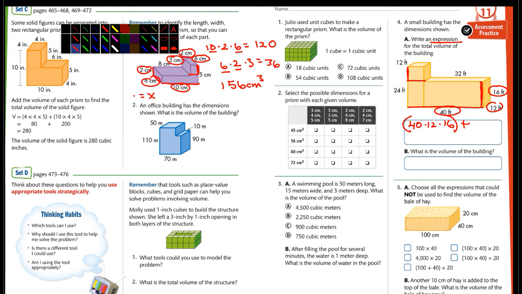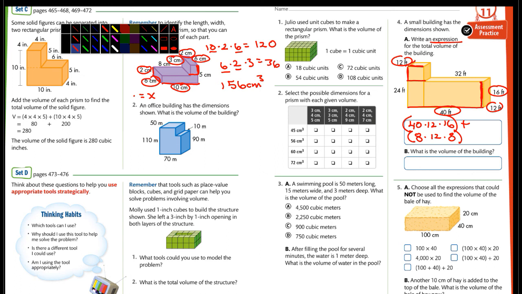That's going to be 8 plus 8 times, they gave us the 12 times, and now we need to figure out this piece here, and looking to see, it's going to be 32, so it's going to be another 8, and you would not put an equal sign, you would just put that as an expression.